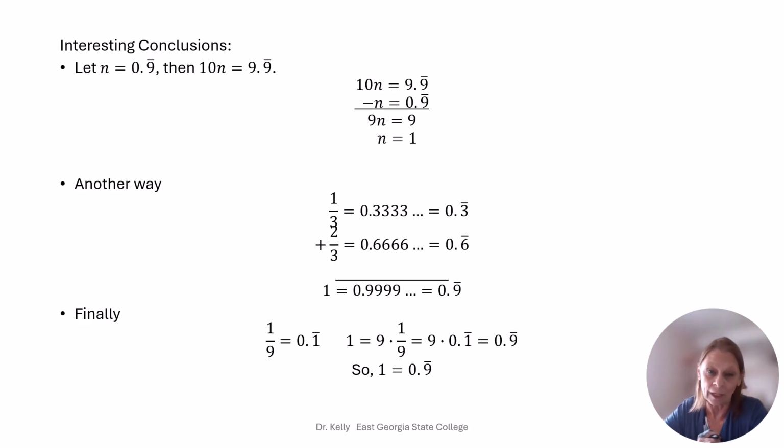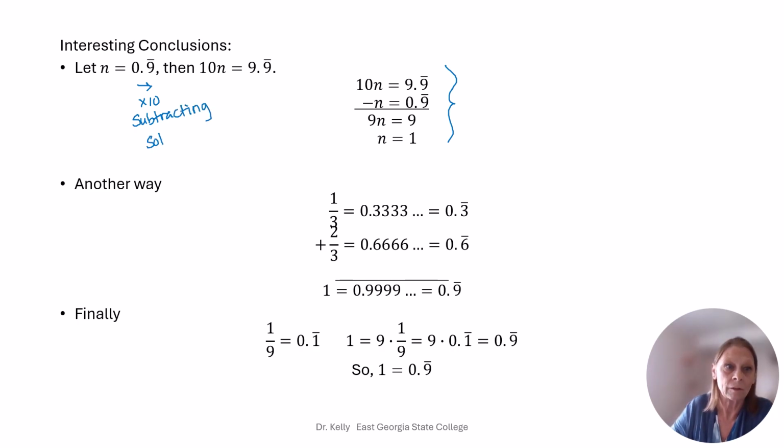This is us justifying it using the same technique, where we move the decimal place one time by multiplying by 10 and then subtracting and then solving the equation. And remember, we're subtracting off the repeat, the repetend.